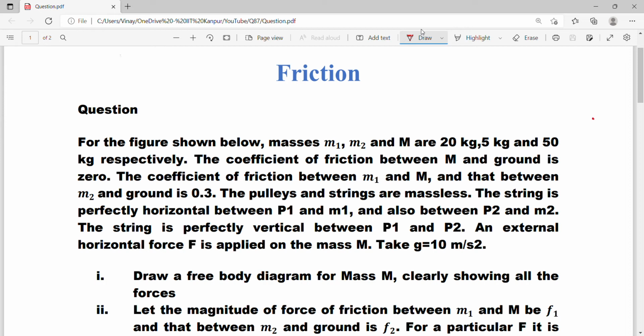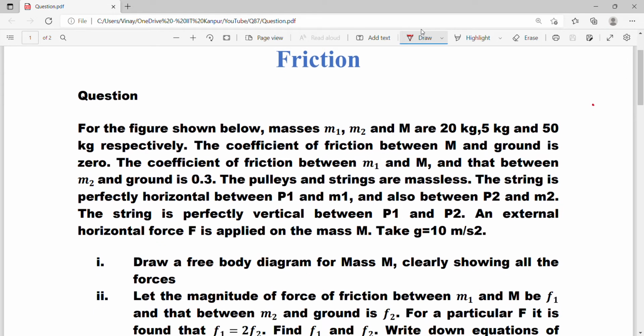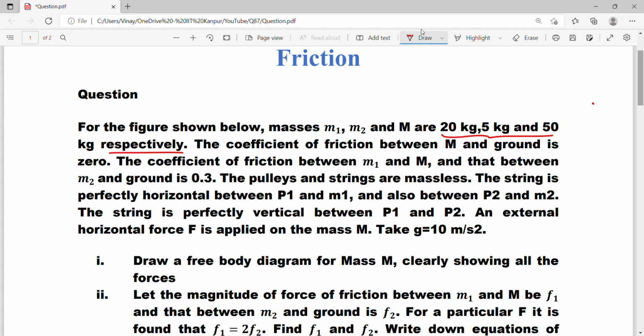So let's do this question. This is going to cover a lot of concepts and you can understand them. Let me know if you got it. For the figure shown below, masses m1, m2 and capital M are given respectively. Coefficient of friction between capital M and ground is 0. So this is the diagram.